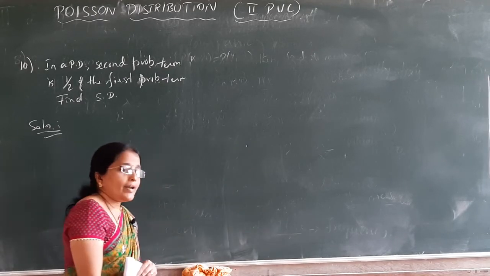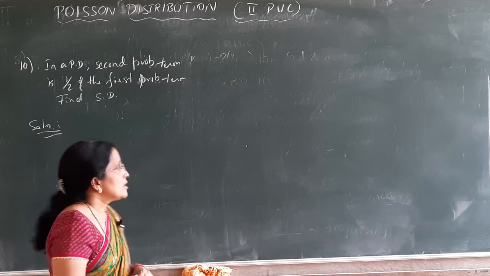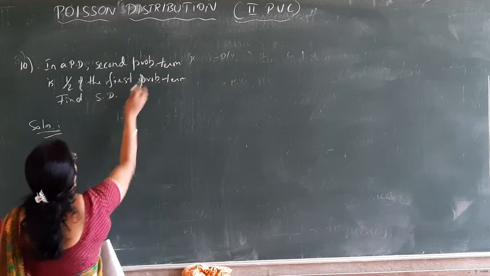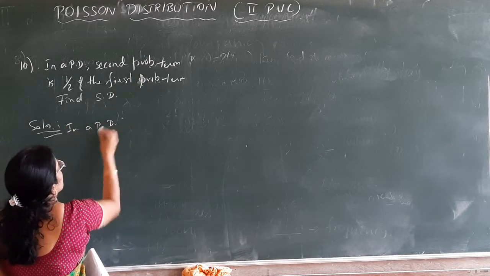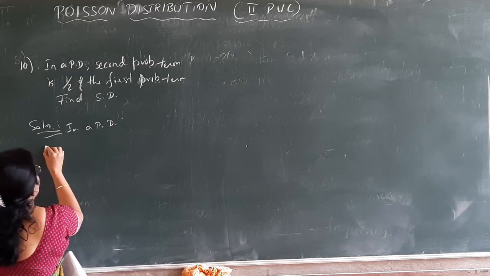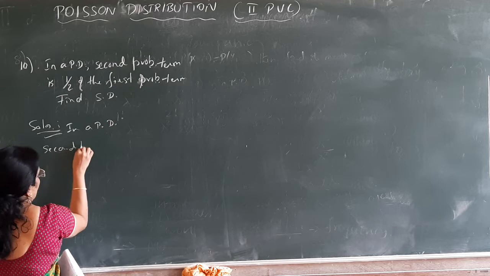So here, P of x equal to 0 is the first probability term. But in the problem, the second probability term is given. So in a Poisson distribution, what is the second probability term?